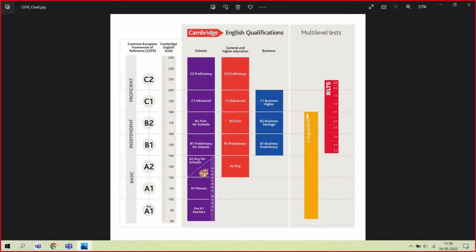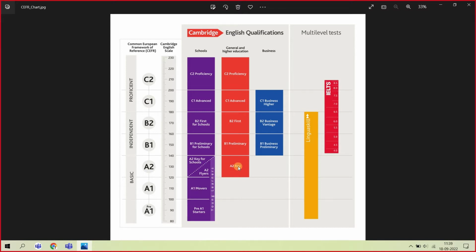Okay. Now, if you look at the higher education level, there's nothing for A1, because nobody without the basic or fundamental knowledge of English can be at the higher education level. So if you are in a higher education institute, you are above A1 and definitely A2, because that's too basic.